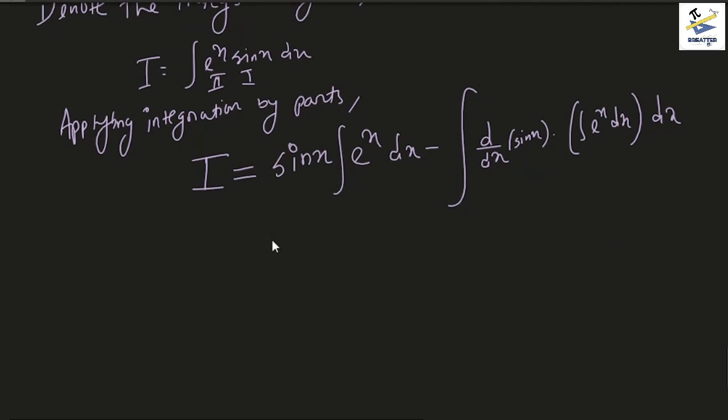So the integral of e to the power x is just e to the power x, so it becomes e to the power x sin x minus, differentiation of sin x is cos x, so cos x into e to the power x dx.